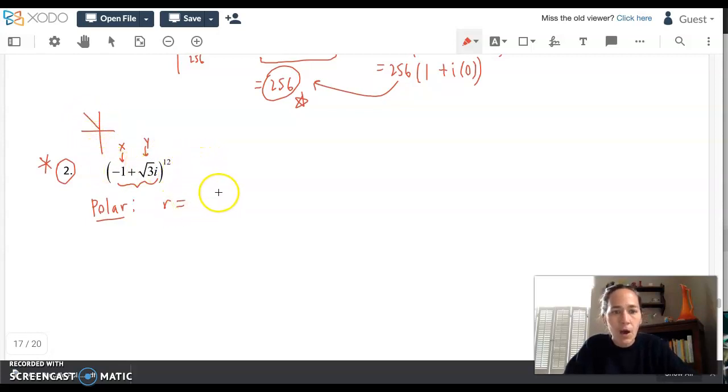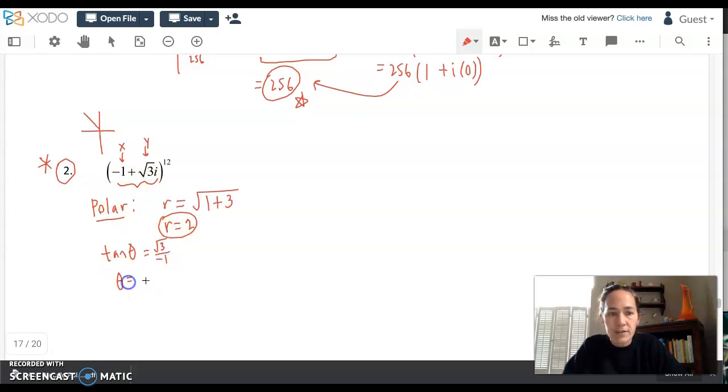But how about r? r squared always equals x squared plus y squared. So r equals the square root of negative 1 squared plus the square root of 3 squared. So r is the square root of 4, which gives you 2. The inside of that, as we convert, is going to be 2. How about theta? We use tangent of theta equaling y over x. So square root of 3 over negative 1.